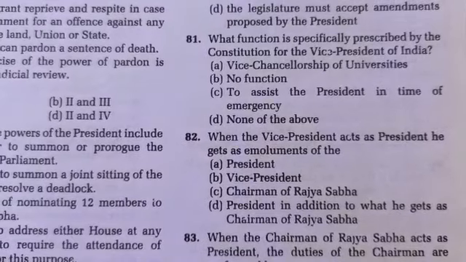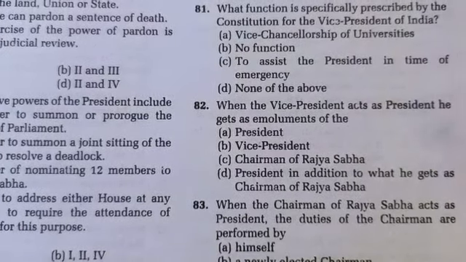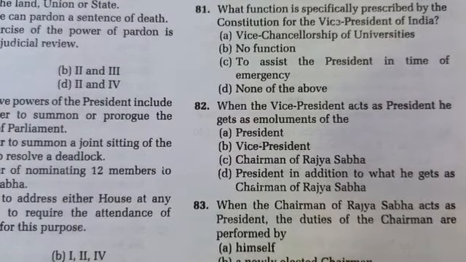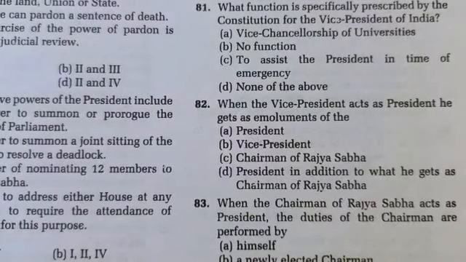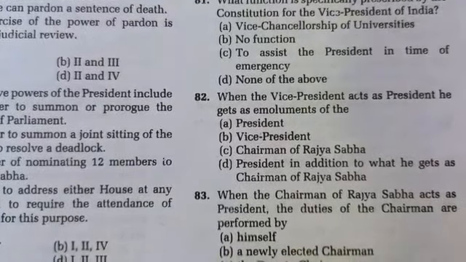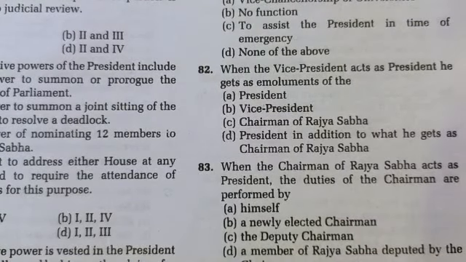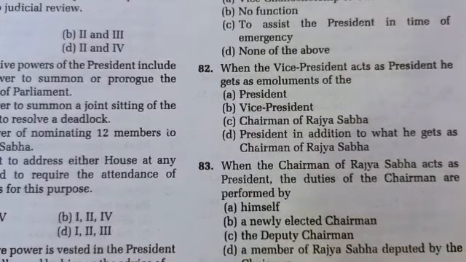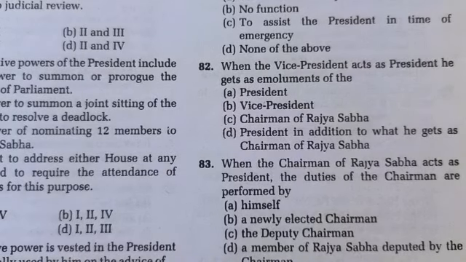Next, when the Vice President acts as the President, he gets an emolument of the Option A, President. When the Chairman of Rajya Sabha acts as a President, the duties of the Chairman are performed by Option C is correct. The Deputy Chairman.